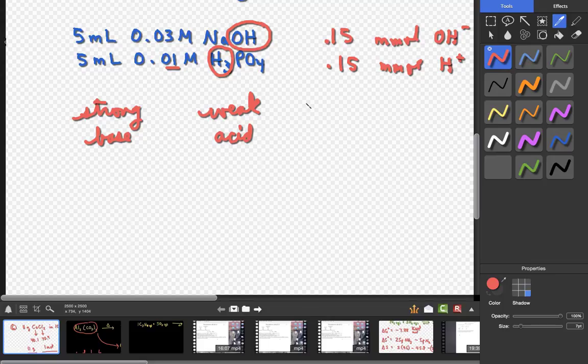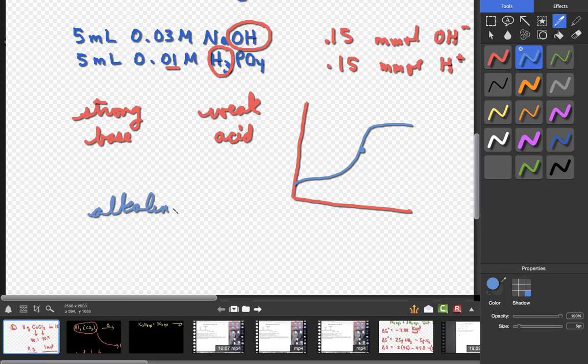That means that when I neutralize, a lot of people would be tempted to say it's going to be a neutral pH, and they'd be wrong. Because the strong base contributes to the pH more than the weak acid does. So this is going to be an alkaline pH.